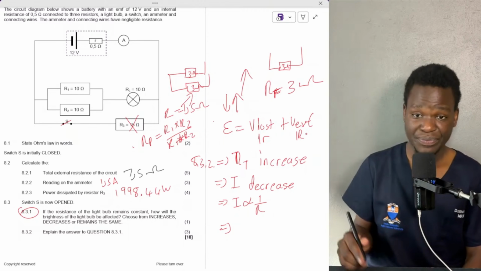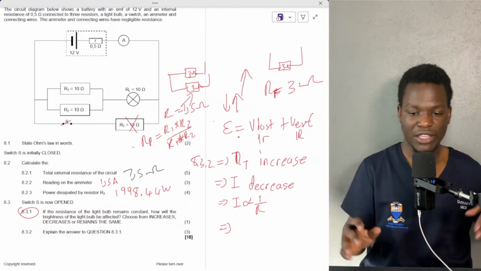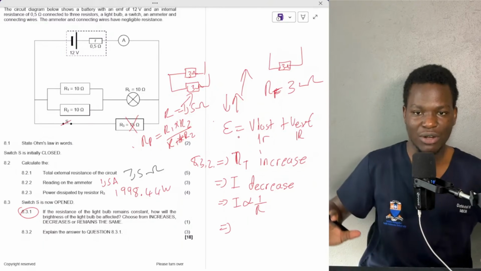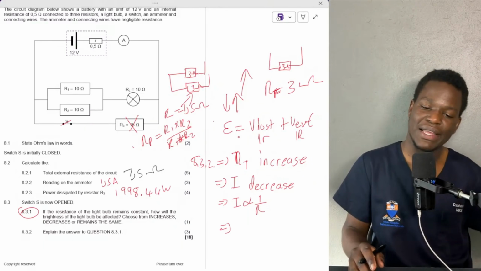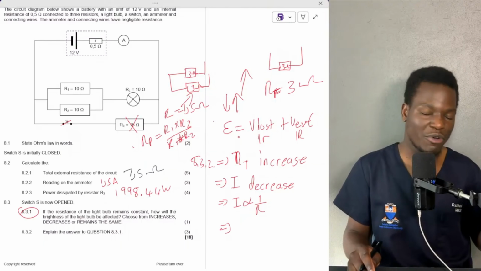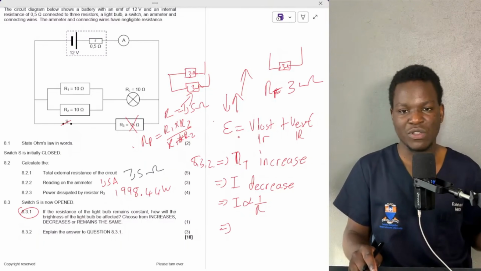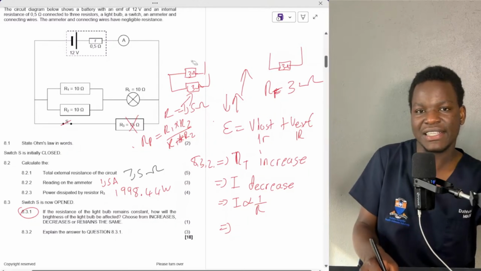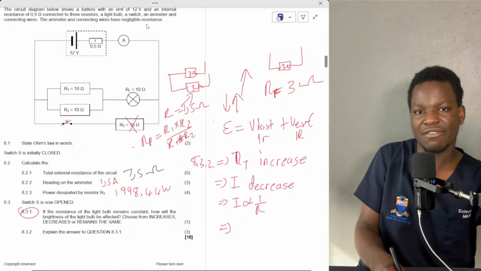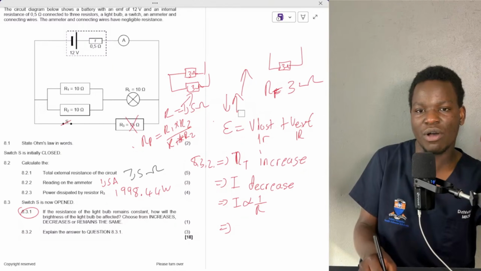Before the voltage goes outside, it's taken by what? It's taken by the V internal. So the V internal is the boss, because it takes the voltage and there's nothing you can do about it.